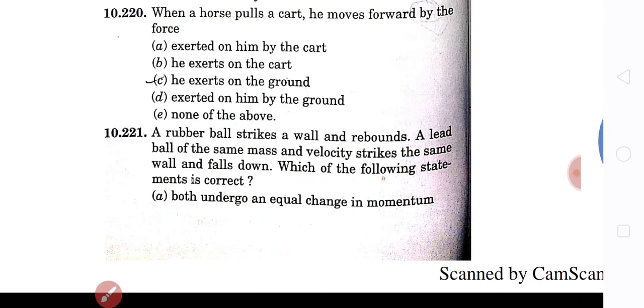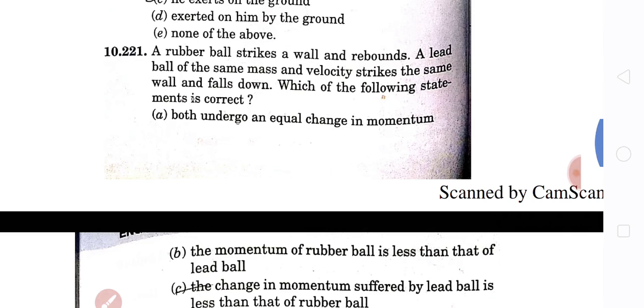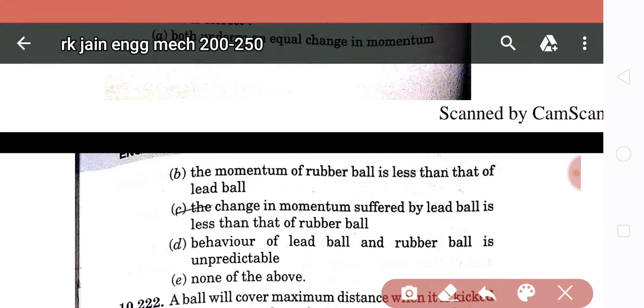A rubber ball strikes a wall and rebounds. A lead ball of the same mass and velocity strikes the same wall and falls down. Which of the following statements is correct? The change in momentum suffered by lead ball is less than that of rubber ball.